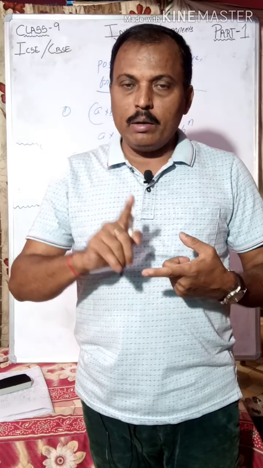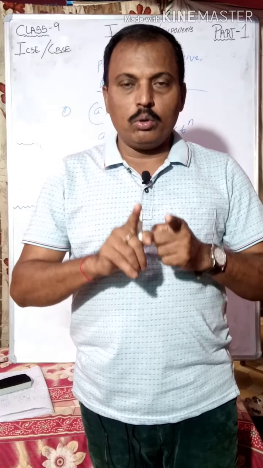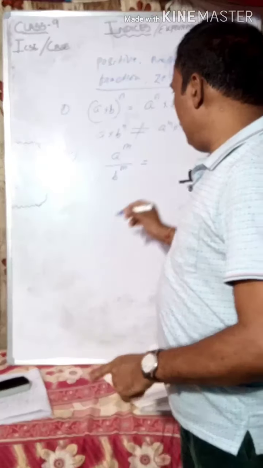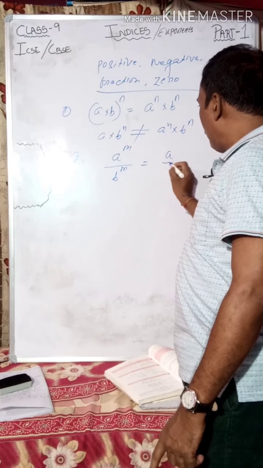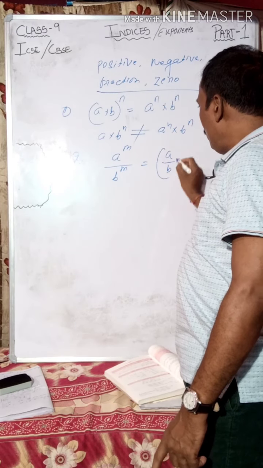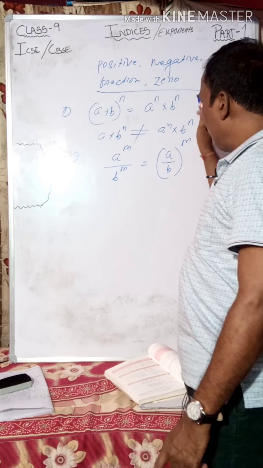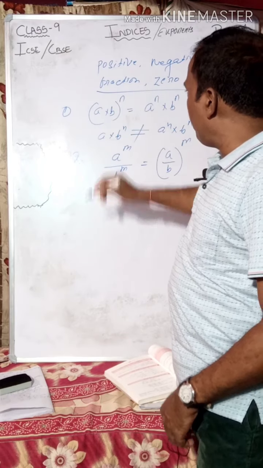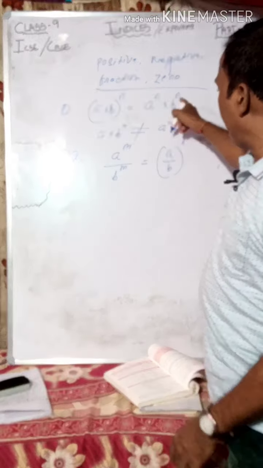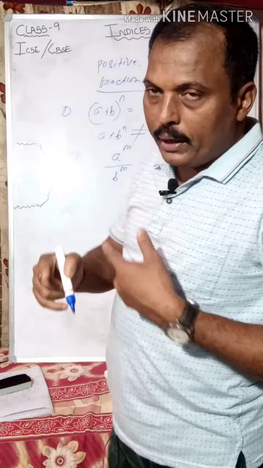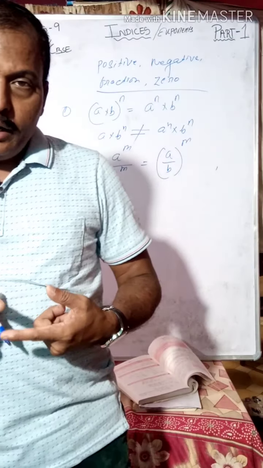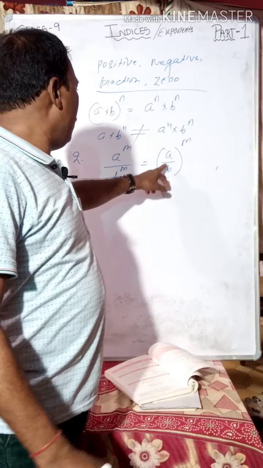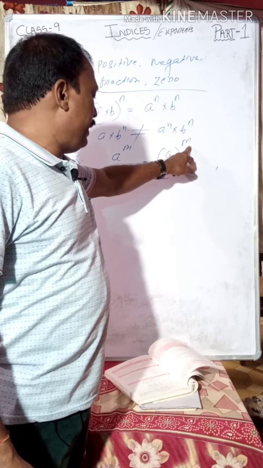So base upon base whole to the power of the one index, that is equal to (a upon b)^m. This is the second.